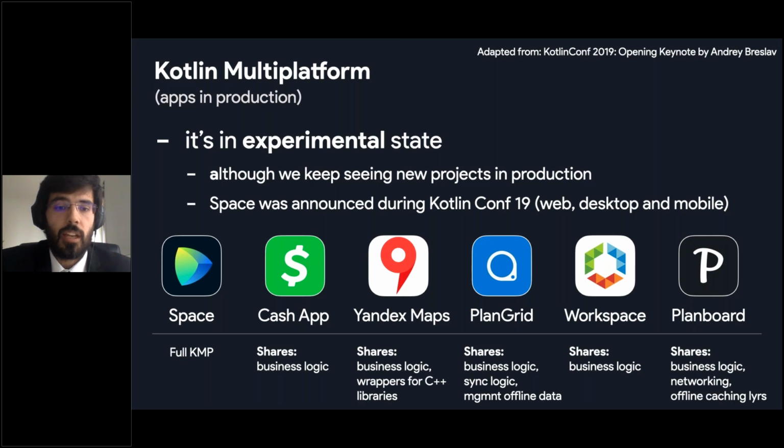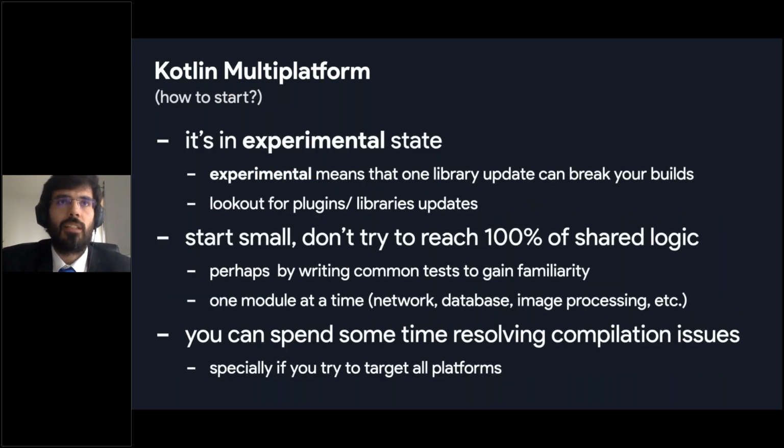Yandex Maps is sharing their business logic and wrappers for C++ libraries. Planboard is sharing business logic, networking, offline caching layers. So it's what makes sense on your application that you should share. It's also worth mentioning that all of these applications are already in production. So although multi-platform is still in an experimental phase, we start to see several projects in production.